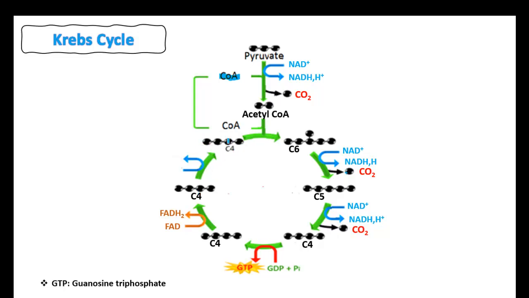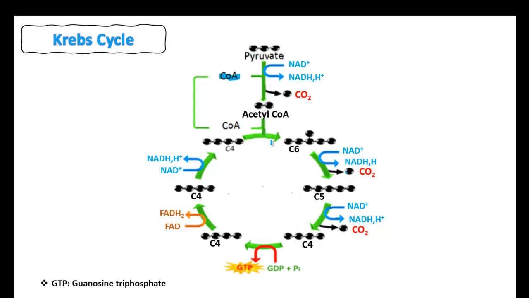And this reaction accompanies the reduction of NAD+ into NADH. And with the making of oxaloacetate, it's going to wait for another acetyl coenzyme A to show up to start another Krebs cycle, and the cycle will repeat again.